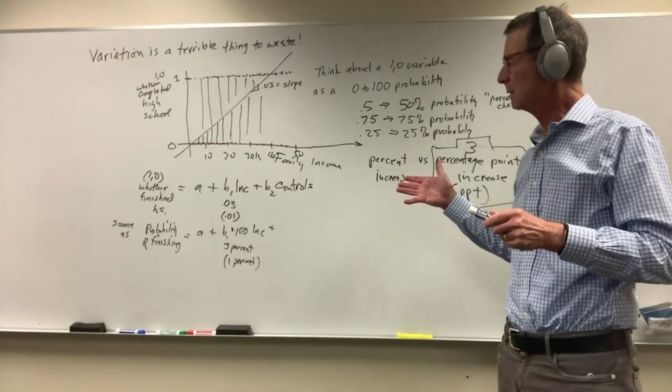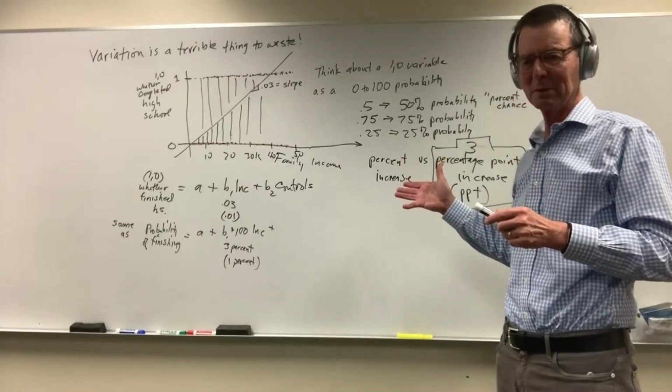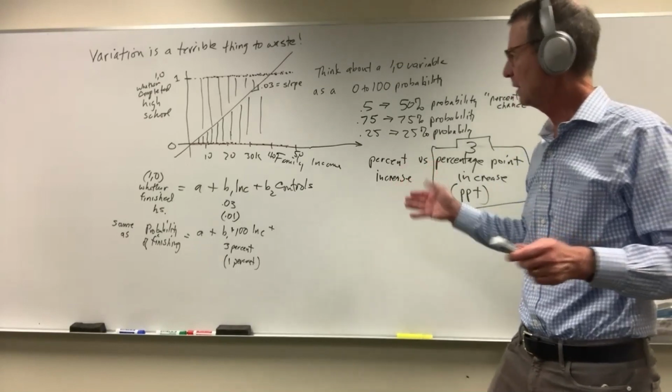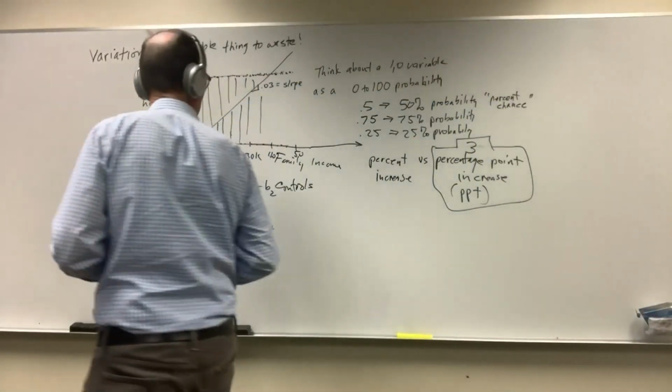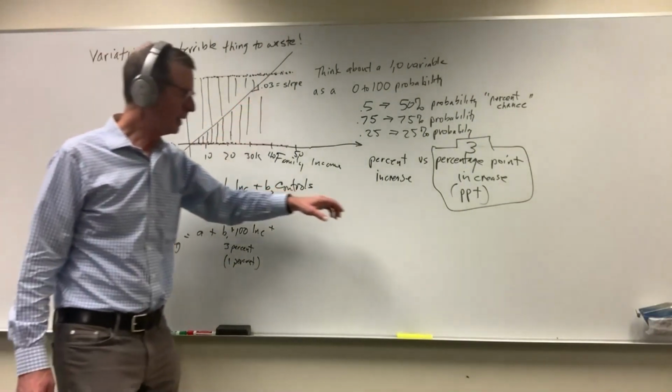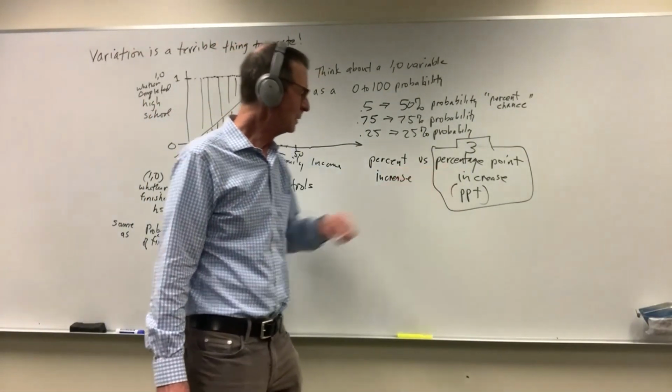So what's wrong with this picture, right? We've applied regression, it's a best fitting line. It's giving us a slope. We've got a nice interpretation of the slope.